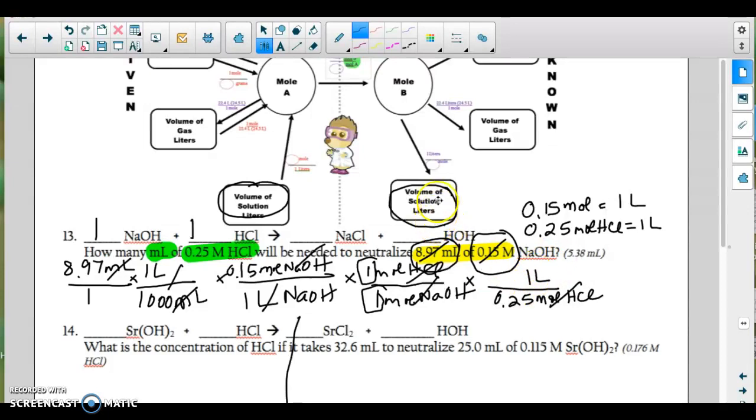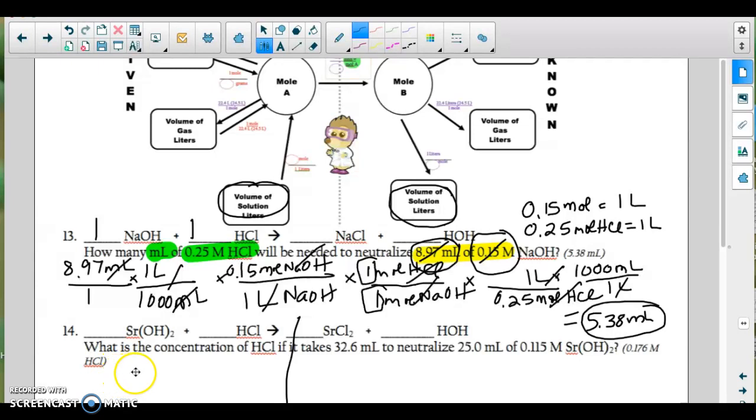I'm right now in liters of hydrochloric, and they want it in milliliters, so I can easily convert it back. I know there's 1,000 milliliters in a liter, and now I can just calculate this. When I do, I get 5.38 milliliters.